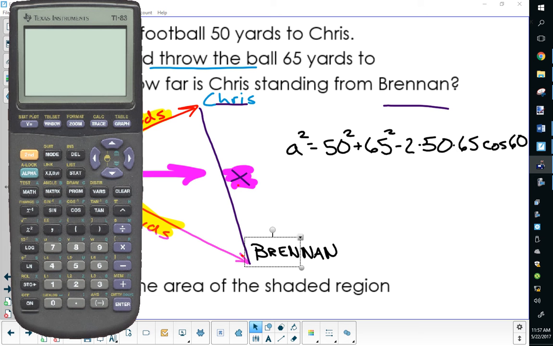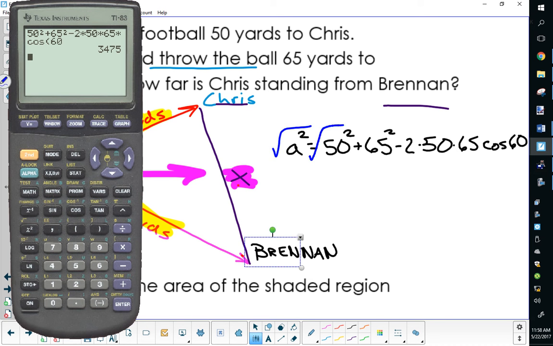We're typing that in, so on my calculator it's 50 squared plus 65 squared minus 2 times 50 times 65 times cosine of 60 degrees. I type that in, I get 3,475. Do you think Brennan and Chris are 3,000 yards apart? You have to do what here? Not inverse. The square root, because it's side squared.